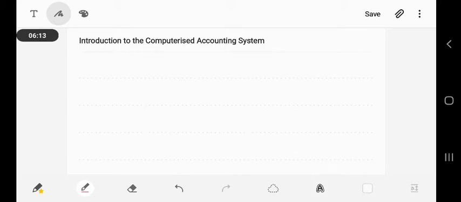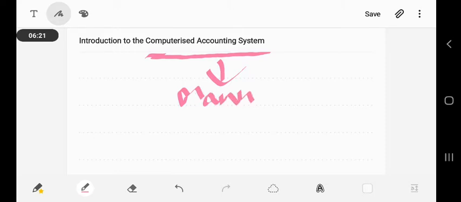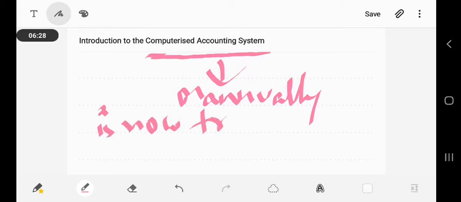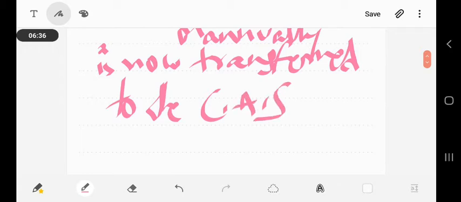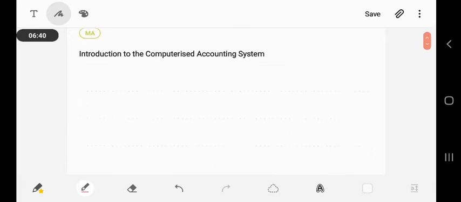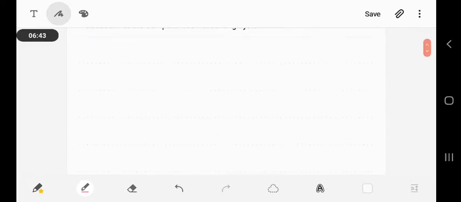Here, in the computerized accounting system, all that we have been doing manually is now transferred to the computerized accounting system.